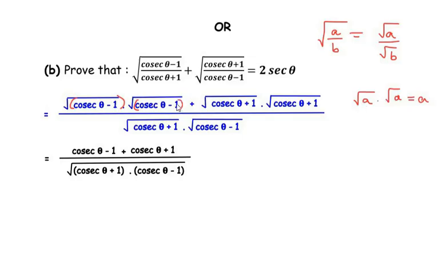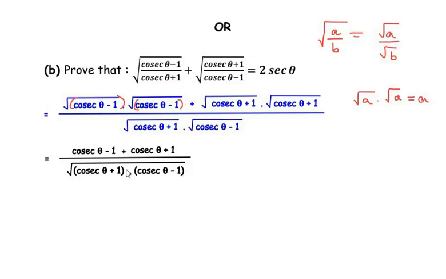So we can see that the square root disappears and we get the same term, that is cosec theta minus 1, plus, now the same thing happens over here, square root of cosec theta plus 1 times square root of cosec theta plus 1 gives us cosec theta plus 1. That is by using this law of radicals. Divided by, now under the same square root, we have written cosec theta plus 1 times cosec theta minus 1.